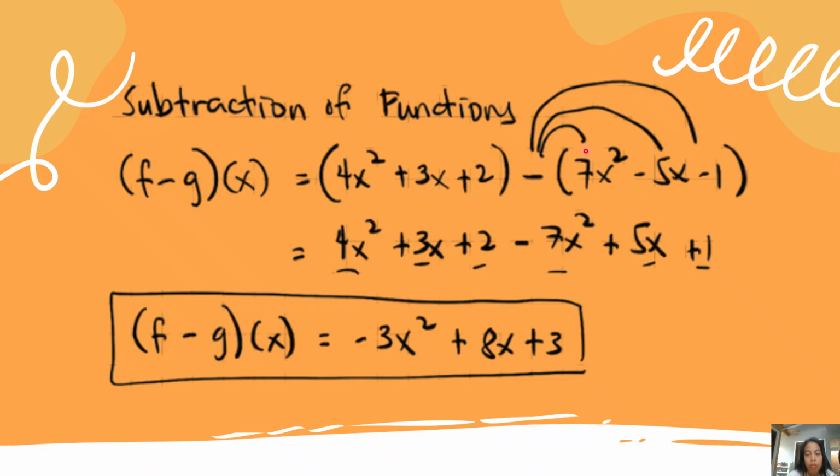Negative times 7x squared is negative 7x squared, negative times negative 5x is positive 5x, and negative times negative 1 is positive 1. So our final answer is negative 3x squared plus 8x plus 3.